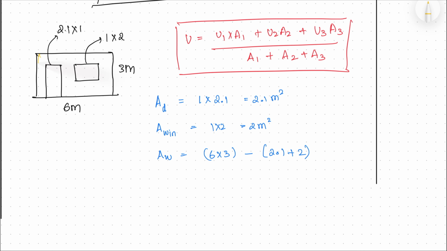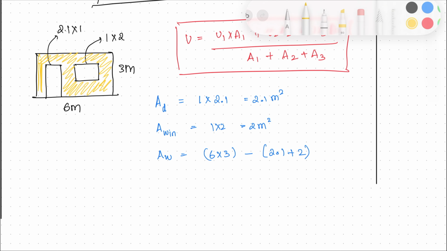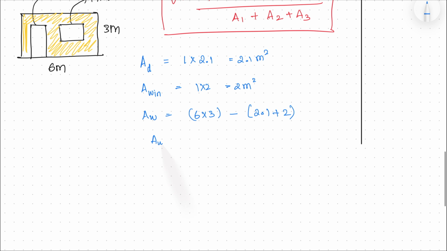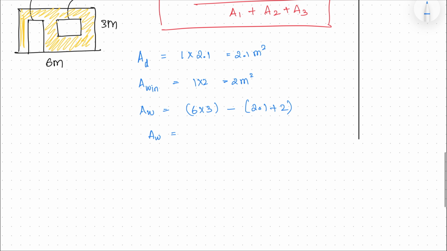You have to find the area of the wall excluding other components like the window and the door. So this area alone we have to find out. Now let's go back. So your area of the wall would be 13.9 square meter.